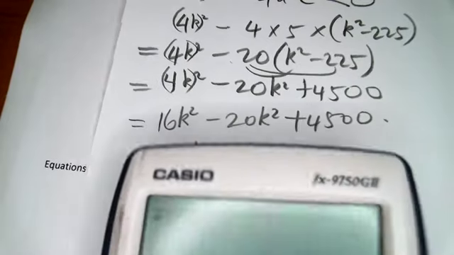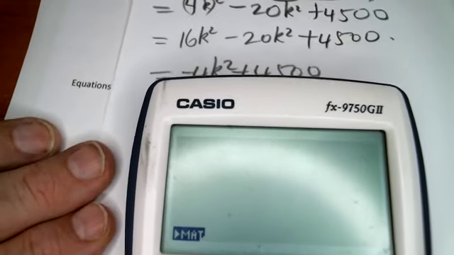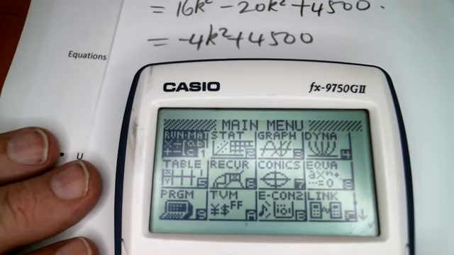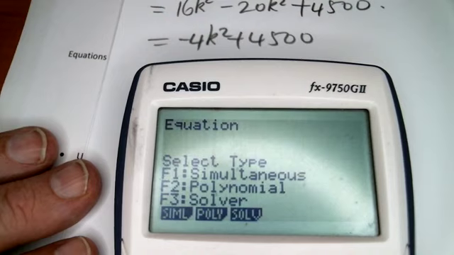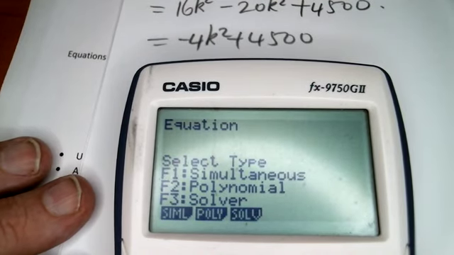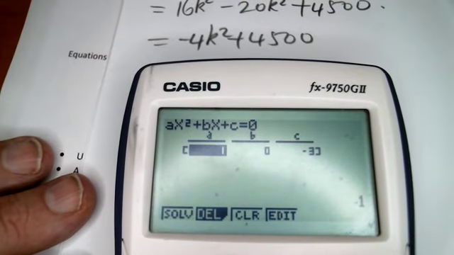Here's my calculator. This is where I'm going to see if I can reveal what some of these values are going to be. So we're going to go menu, 8, polynomial, polynomial solve, which will be 2 degrees.